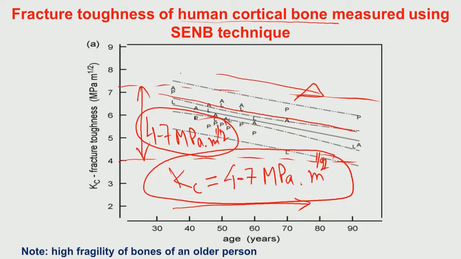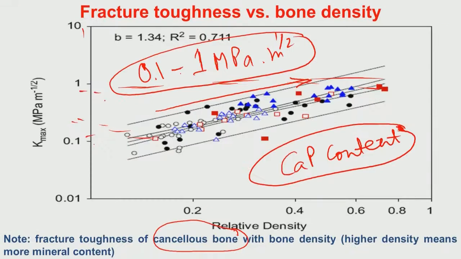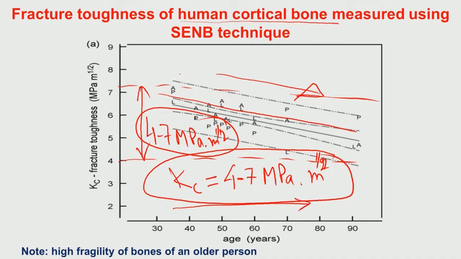So, these two bones, cortical bone and cancellous bone, have widely different fracture resistance properties in terms of fracture toughness, and they also show bone mineral density dependent fracture resistance properties. In both cases, you can see in the cortical bone also that Kc increases as the bone mineral density increases.